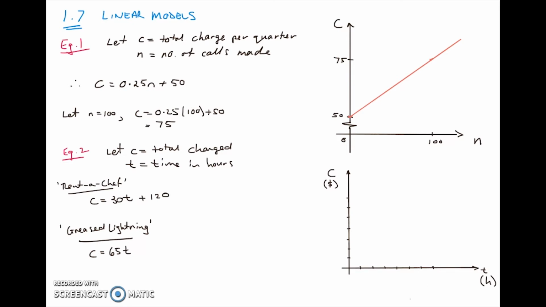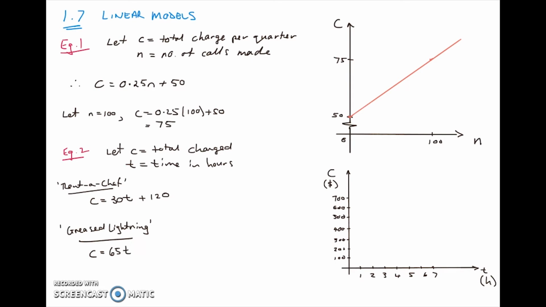I've done some calculations and I know that we can go up to about 900, in increments of 100. We know that our y-intercept for Grease Lightning is at 0, and for Rent a Chef is at 120, so that's down low, and we just need to work out what to expect the values to be at the higher end.